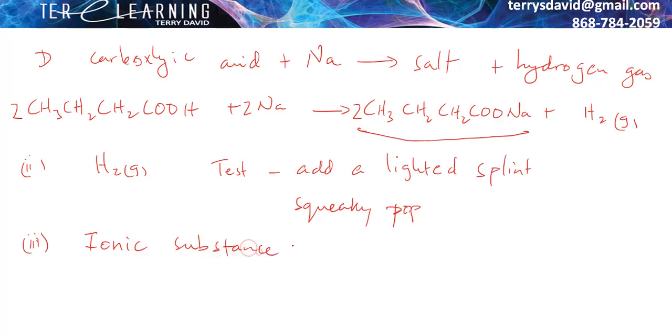And the question is asking if it's going to be soluble in water, and the answer is yes, right? It's going to be soluble because the salt formed is ionic and water is a polar solvent. So water is a polar solvent, so therefore the ionic substance, the salt, is going to be soluble in water. Okay.